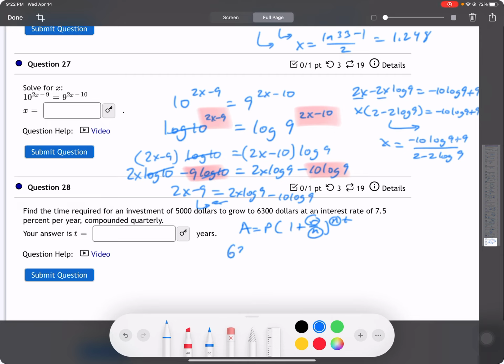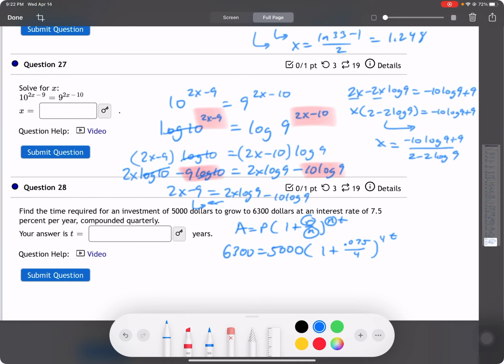So 6,300 equals 5,000 times (1 plus 0.075 over 4) to the 4t power, because we want to figure out how much time it's going to take us to get there. We can get rid of this first.